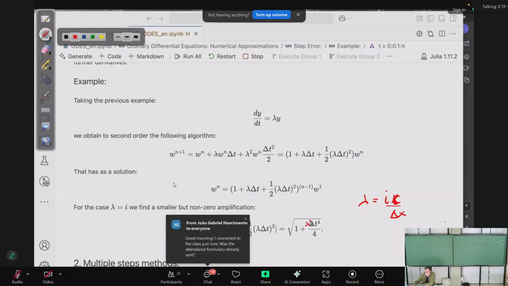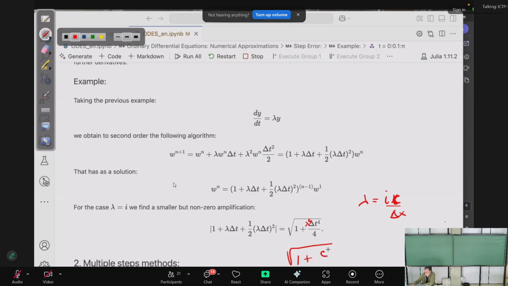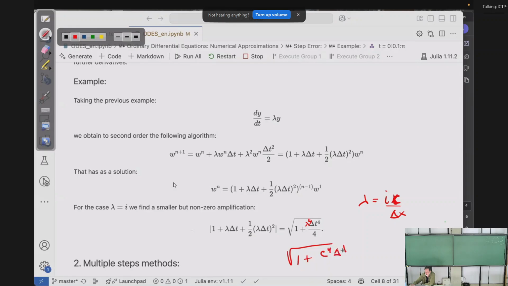So we will get some number which goes like 1 plus c to the fourth times (delta t over delta x) to the fourth. And this number doesn't go to 0.